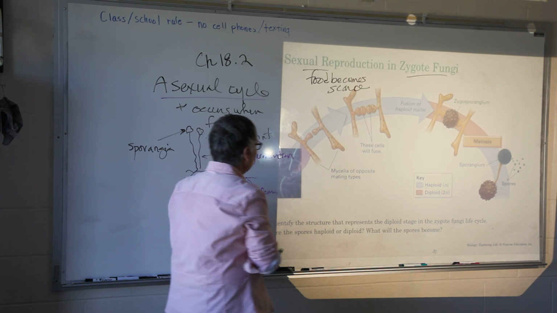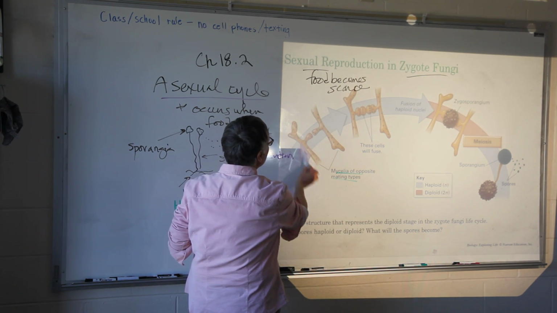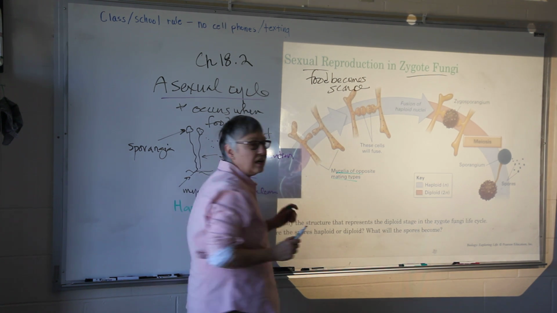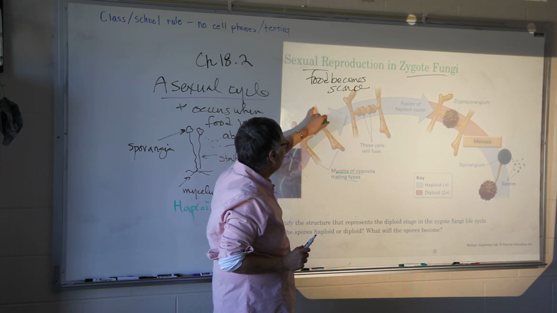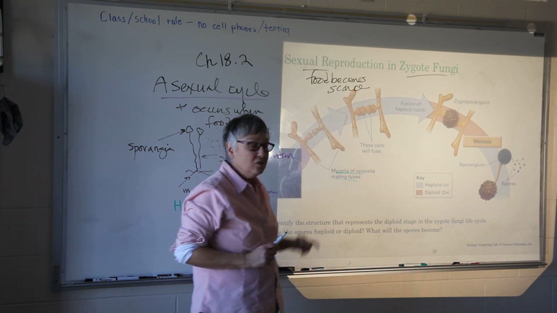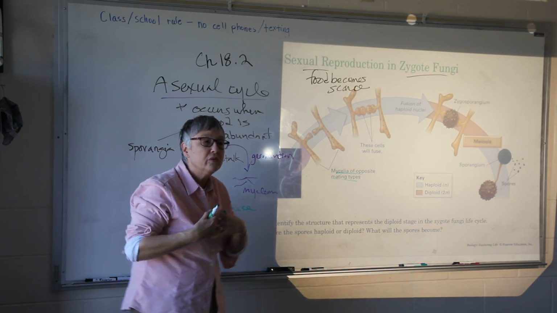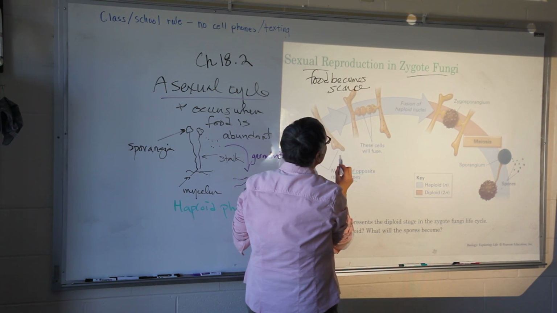So here you see part of a mycelium from one mating type, and it's indicated with the red nuclei. This is a mycelium from a second mating type, shown here with black nuclei. The mycelium will start to grow toward one another, and they form special structures.